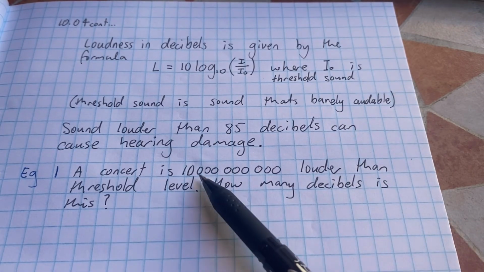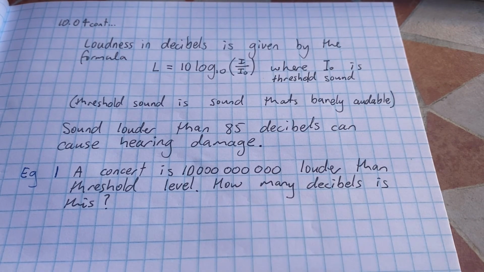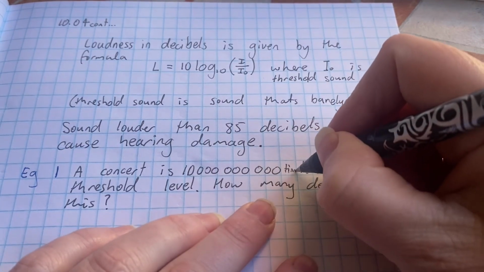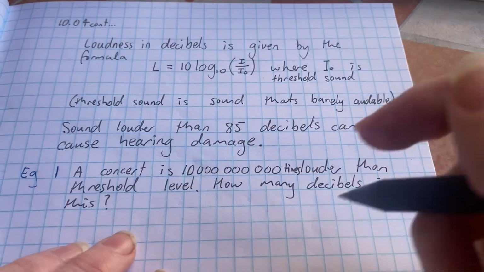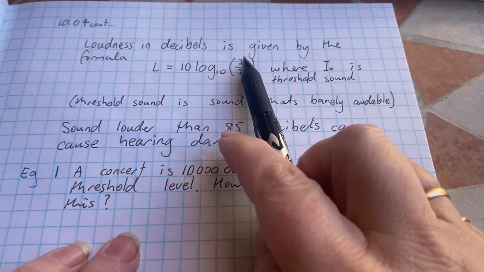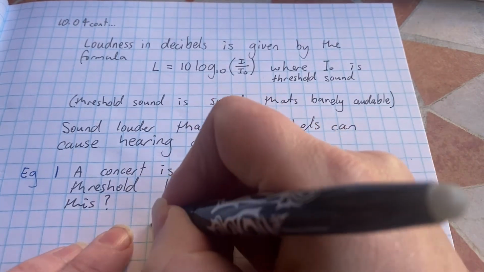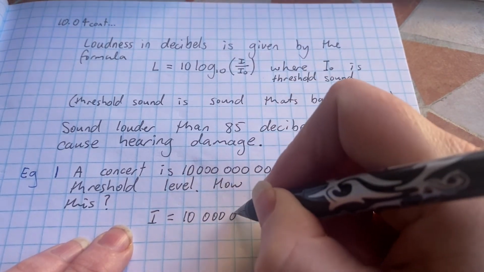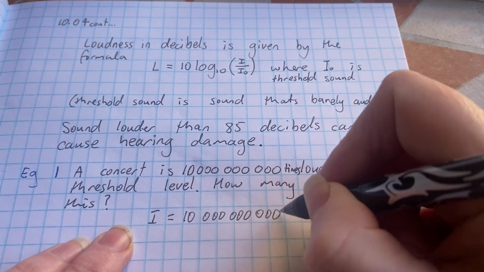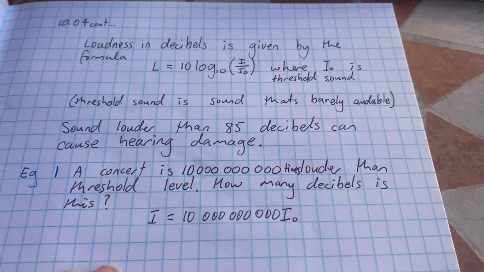A concert is 10 billion times louder than threshold level. How many decibels is this? So that's the I we're talking about there. That's the same as I equals 10 billion times I0.